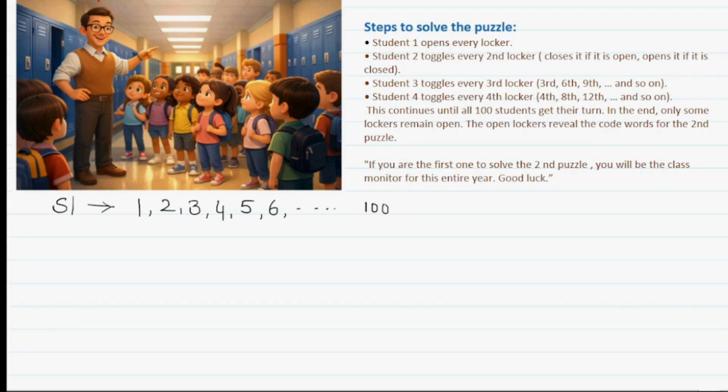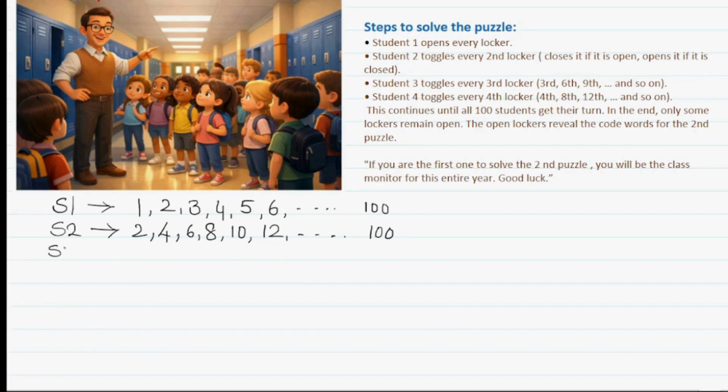Now step 2, student 2 toggles every second locker. Student 2 touches, and if it is open, he closes it. If it is closed, he or she opens it. So he touches every second locker: 2, 4, 6, 8, 10, 12 like that, all the required lockers.